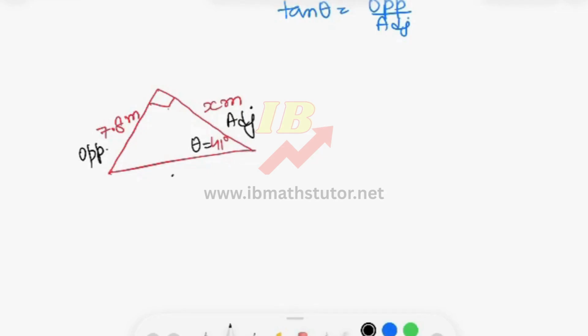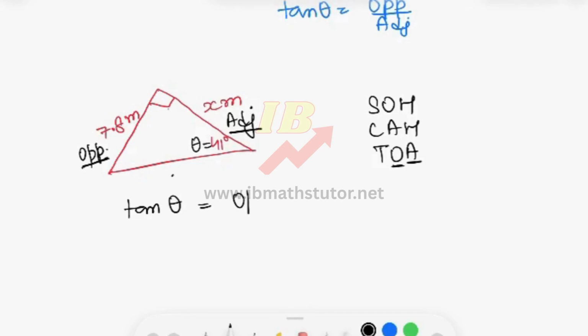So I am writing one thing here, which is SOHCAHTOA. And now you can check where you are seeing this opposite and adjacent. Opposite and adjacent are lying in tan. So I am using tan theta equals opposite over adjacent.